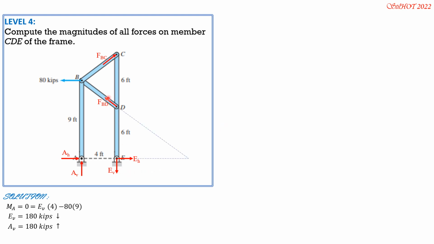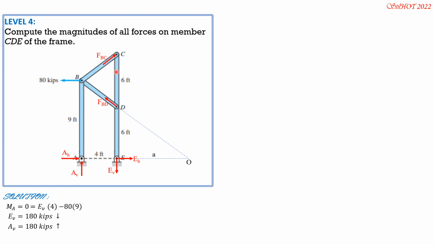Then we extend the FBD, its line of action, because we plan to set moment here. Call this point O, and this distance A. Then let's solve for A by similar triangles. A over 6 equals 4 over 3. This is 3, 9 feet minus 6 feet, that's 3.